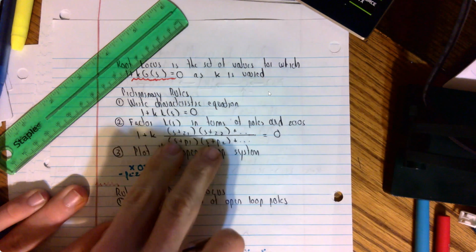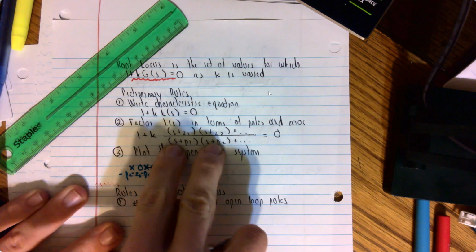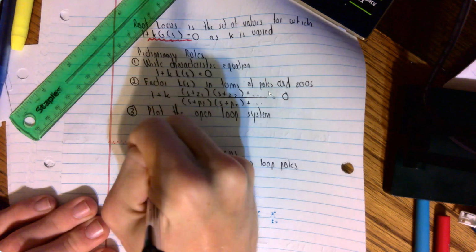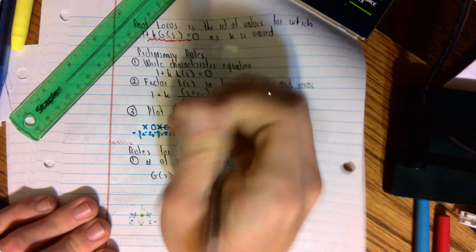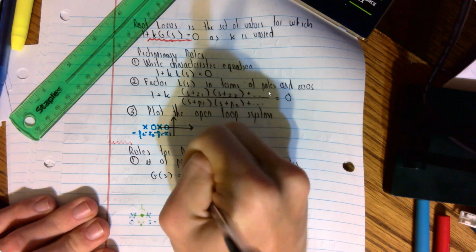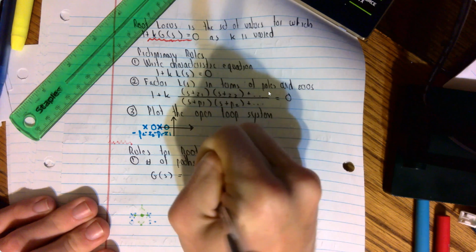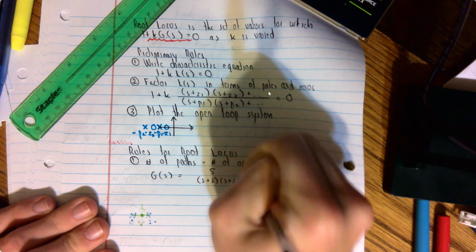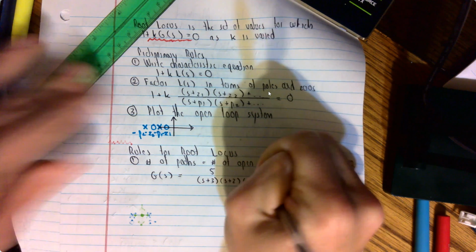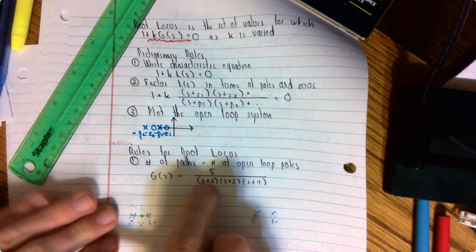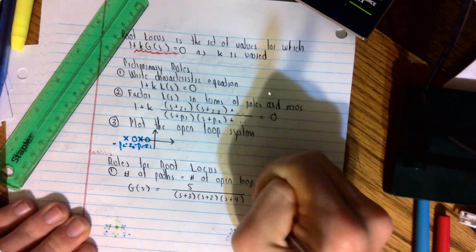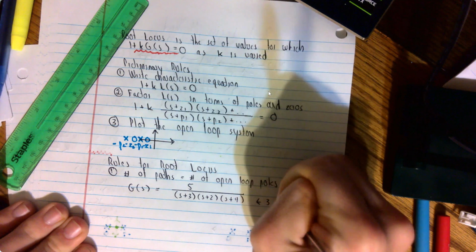See here how you have two open loop poles, that means you have two paths. So if we have g of s equal to 5 all over (s plus 3)(s plus 2)(s plus 4), we have 3 open loop poles, so we're going to have 3 paths for the root locus to take.